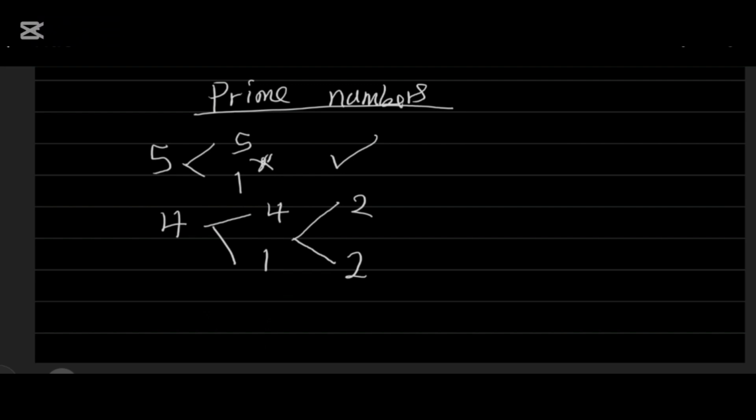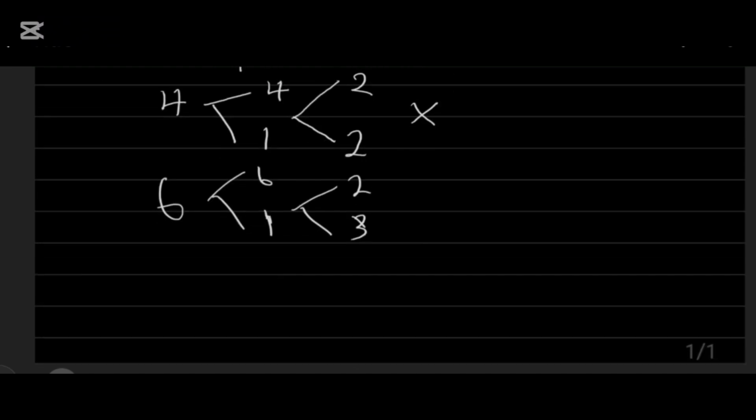So this one has more than 2 factors, and 4 is not a prime number. Let's say we take 6. We know 6 times 1 is 6, but at the same time 2 times 3 is also 6, which means 6 is not a prime number.